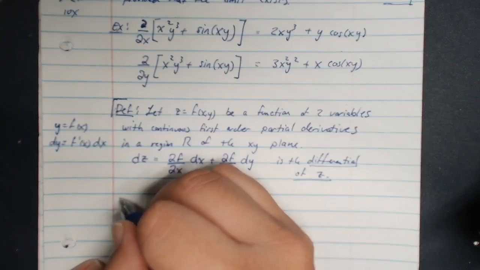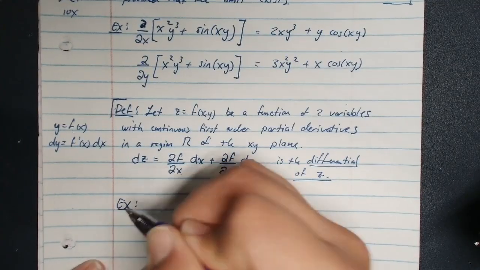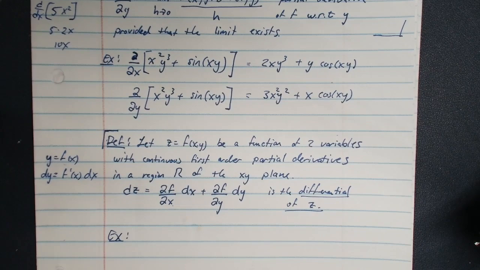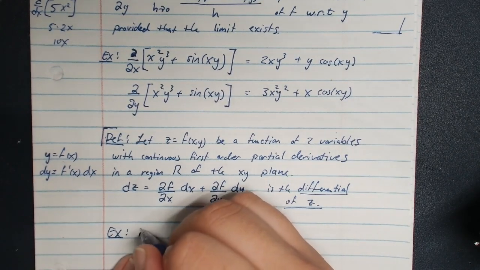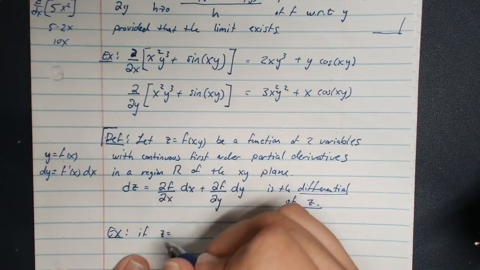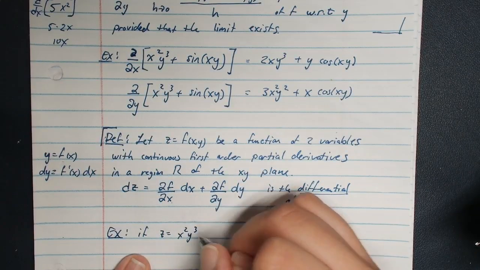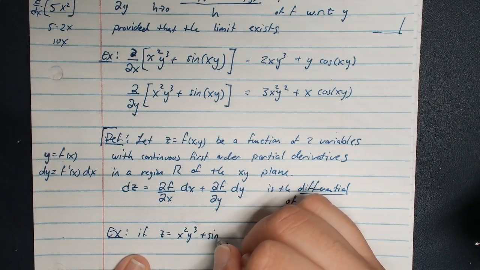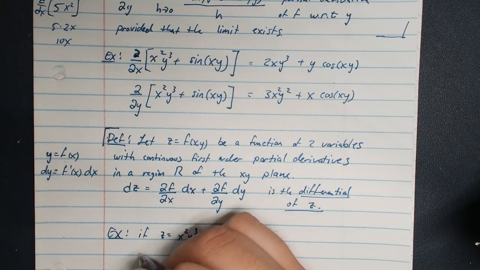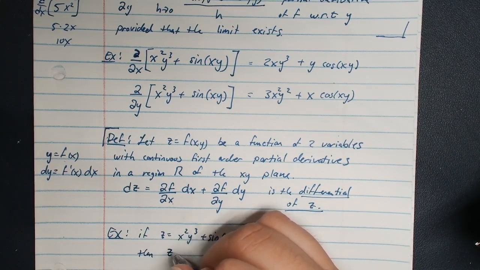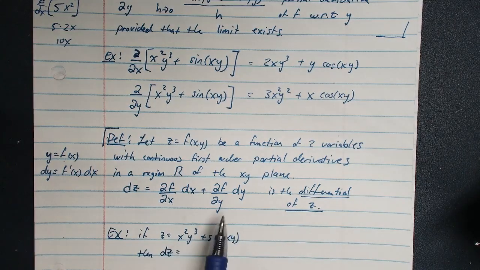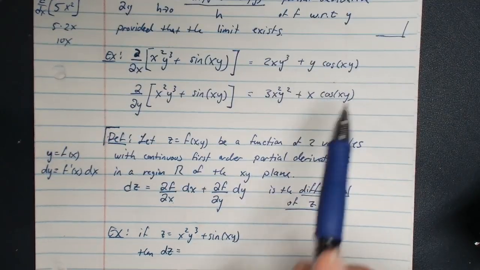So for example, and let's not be inefficient here, let's just use the function from above. If I have z equal to my function up here, x squared y cubed plus sine of xy, then my differential of z is going to be, well, take the derivative with respect to x.